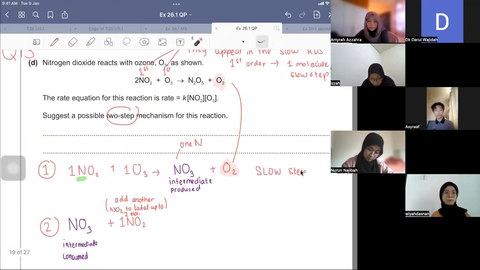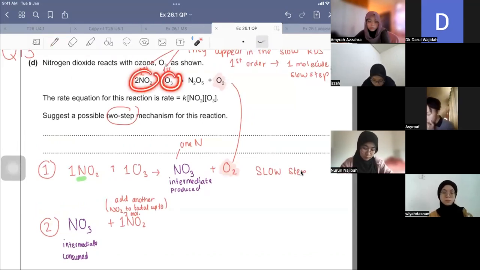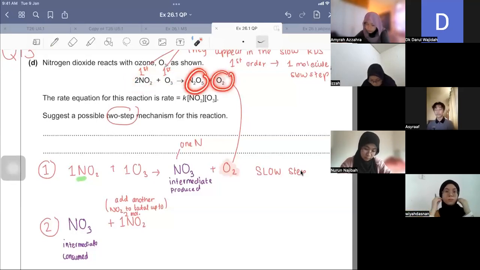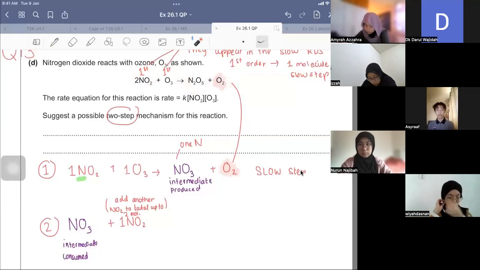And you may ask, why do we add the NO2 on the second step? Well, it's my last step. I need to make sure that all my reactants are in the mechanism and all my products are also in the mechanism. Okay, so I've got my 1 molecule of NO2, second molecule of NO2, done. 1 molecule of O3, done. 1 molecule of O2, done.